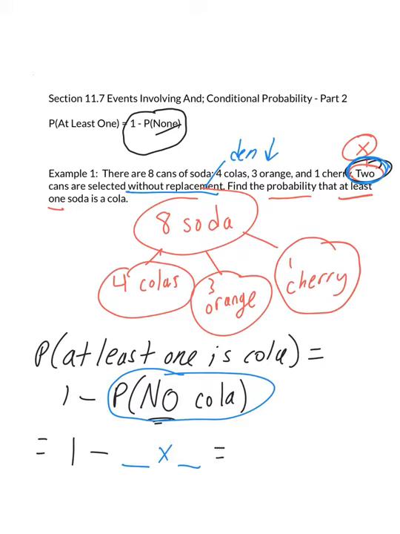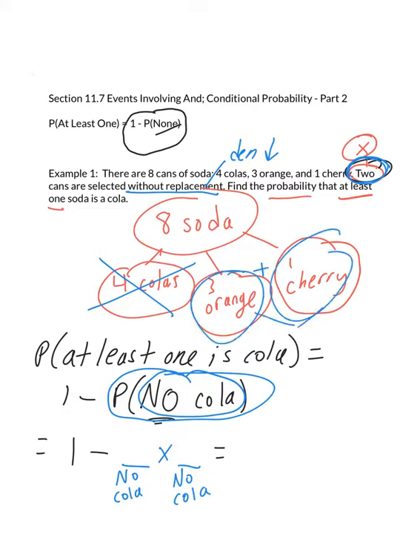We want these underlines to match the phrase above, so this is still no cola. No means anything but. So if I take away the 4 cans that are in fact colas, I have 3 orange plus 1 cherry, which means I have a total of 4 that are not colas.